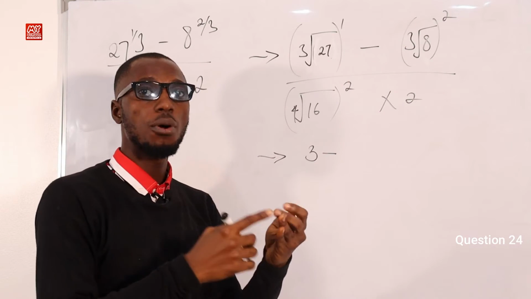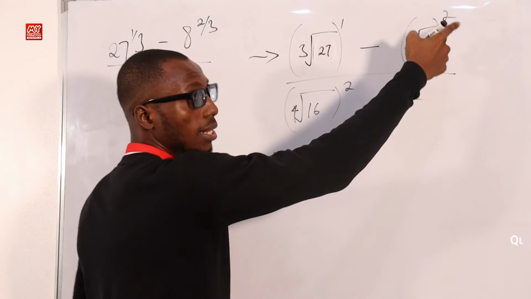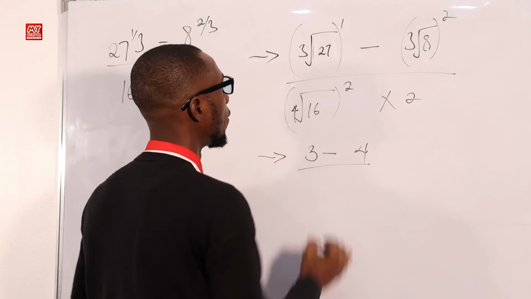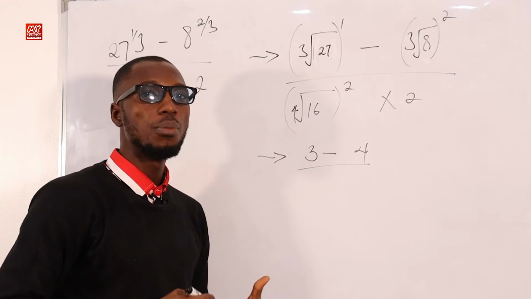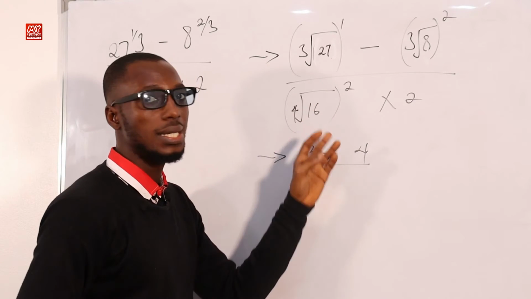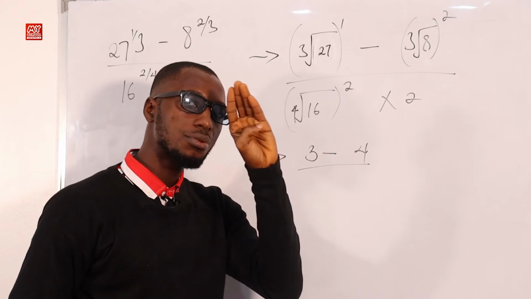2 times 2, 4, times 2, that is 8, okay? So that is 2 raised to power 2, that is 4, over the fourth root of 16, that is 2, okay? What number will you multiply to itself 4 times that will give you 16? That is 2 times 2, that is 4, times 2, that is 8, times 2, that is 16.